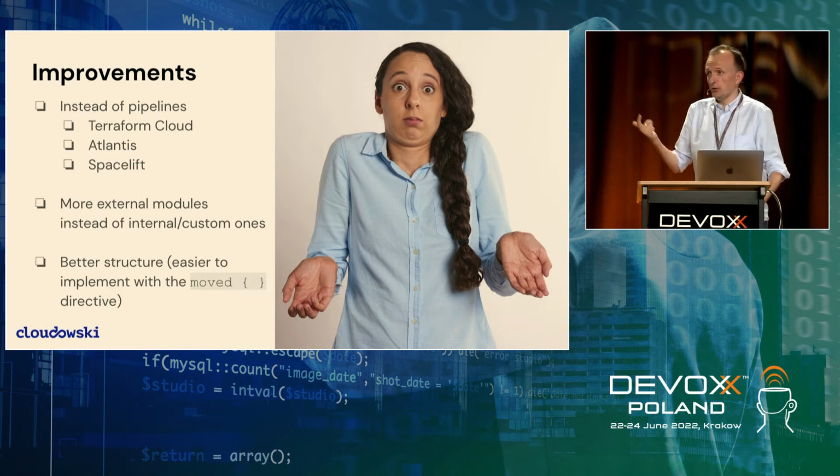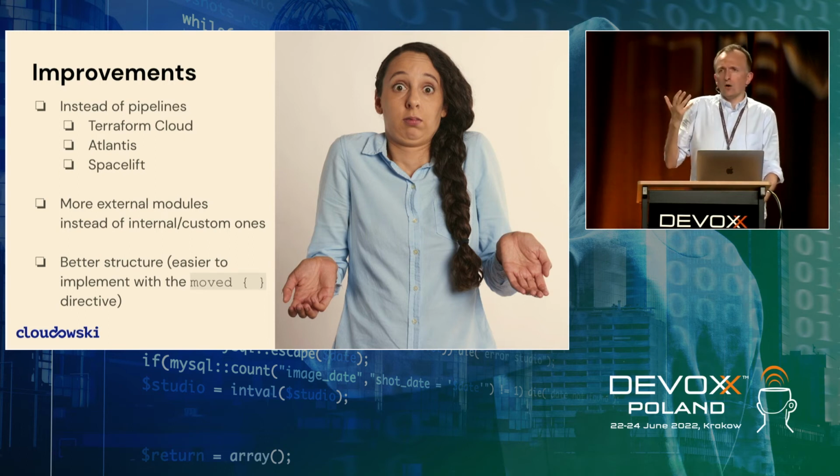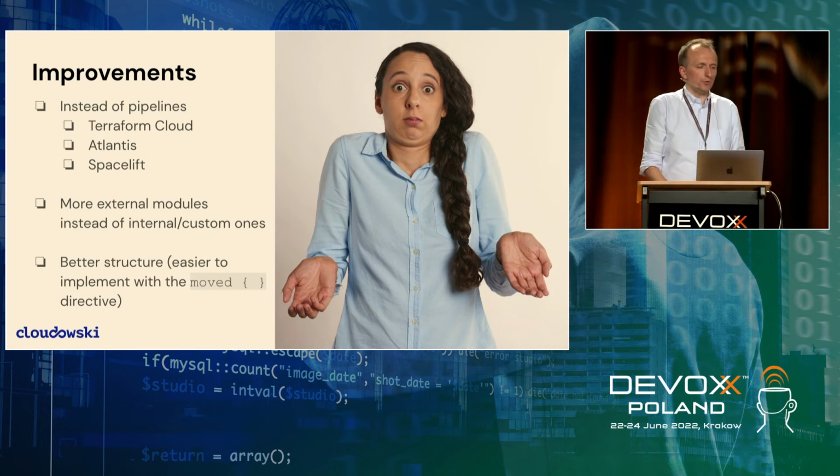I would probably use Terraform Cloud, which is pretty good these days, or Atlantis, which is an open source project, or, I'm not sure if you know, guys, but we have a very interesting Polish startup called Spacelift, and they also provide some services which help to automate and to use pull request features and so on.